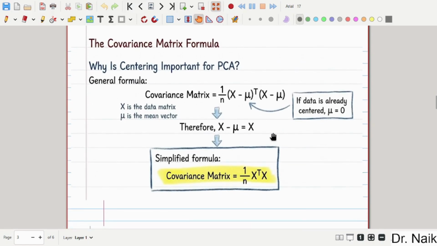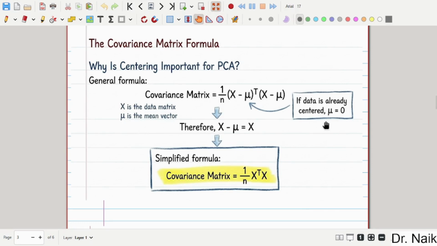The formula for the covariance matrix is 1 upon n multiplied by (X minus mu) transpose multiplied by (X minus mu). So this is a general formula for the covariance matrix, where X denotes the data matrix and mu is the mean vector.